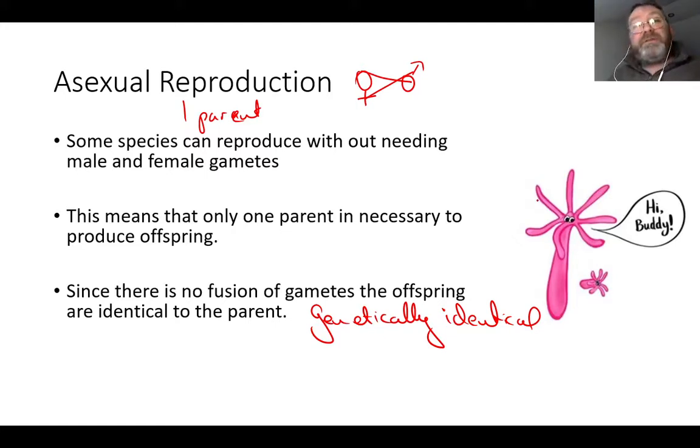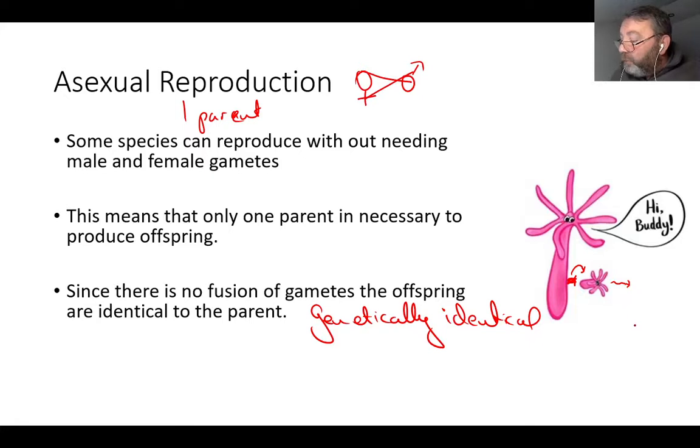Here we have what's called a sea anemone. And this little sea anemone, what happens is a little bud begins to grow at the side like that. And that little bud then gets bigger, starts to grow little arms like that, and eventually it'll break off and simply move away.